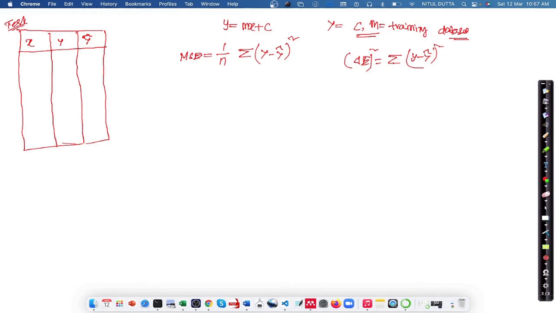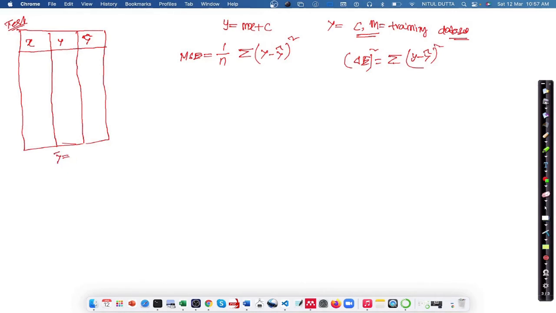Let us calculate first the R square value for only one independent feature, where the equation will be y equals mx plus c. We also have y bar.